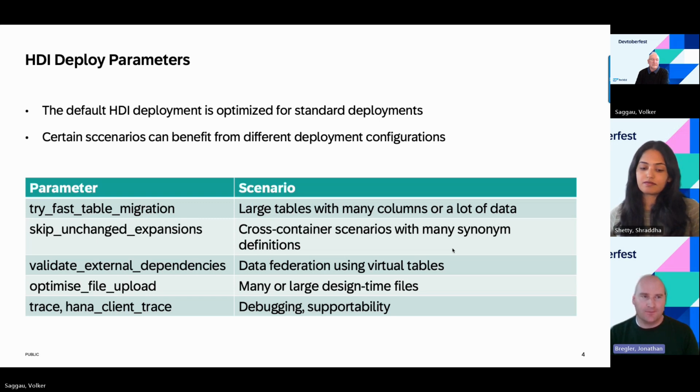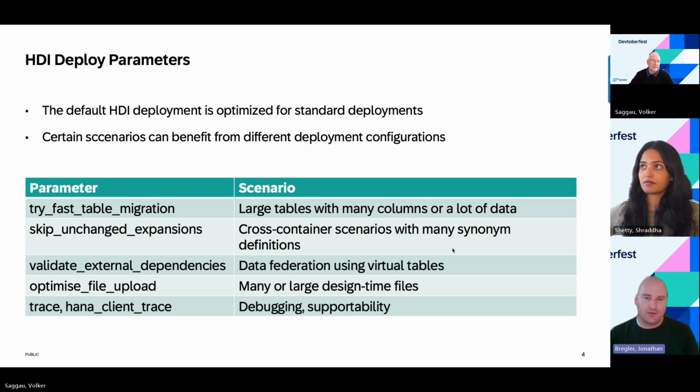And so the HANA deployment infrastructure by default is optimized for standard deployments that work in the majority of cases quite well. Of course, there can be some scenarios where these default settings are suboptimal because of the particularities of the scenario.